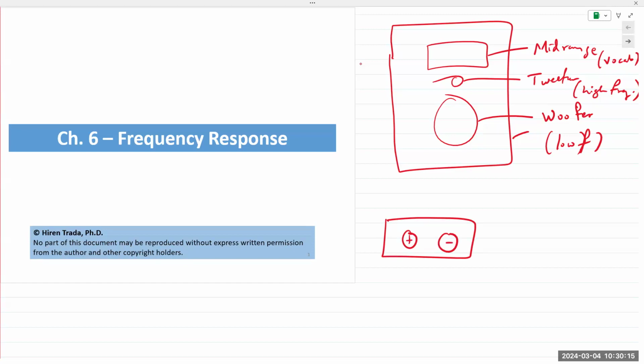Yet it is connected to three different speakers, right? And each one of these speakers has two wires or two connections. So what is the purpose of having three different speakers, and how is that one cable being split into three? Because I just said, right? Woofer reproduces low frequencies, the tweeter reproduces high frequencies, and the mid-range produces mid-range frequencies, the vocals.